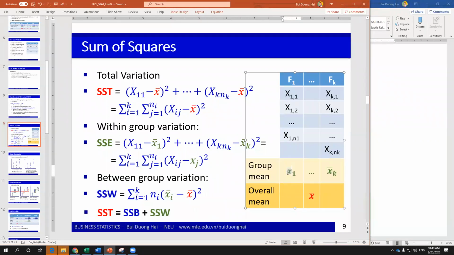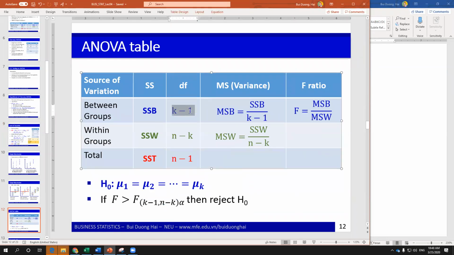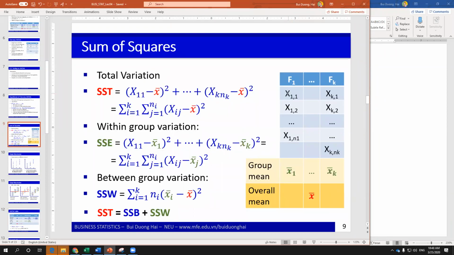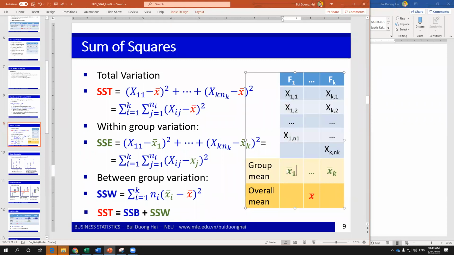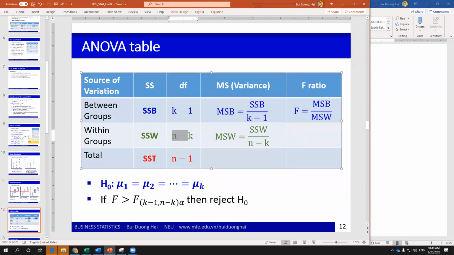You have K groups, you have K X bars, but you minus X bar in general. The degree of freedom is K minus 1. For SSW, you use every element, but you minus K X bars. So the degree of freedom is n minus k. Then you see n minus 1 equals k minus 1 plus n minus k.